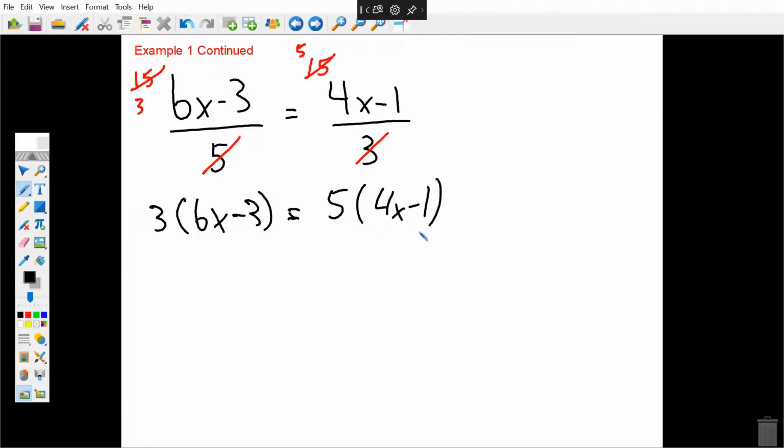So I write it down in brackets. This allows me to distribute to both terms on both sides to ensure I'm doing it correctly. 3 times 6x is 18x minus 9 equals 5 times 4x is 20x minus 5.